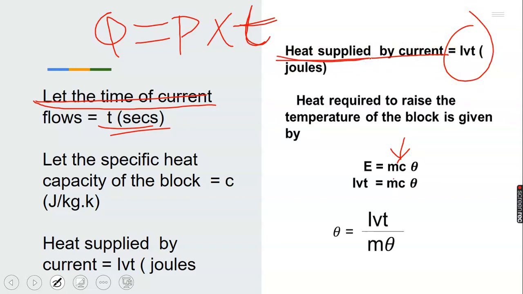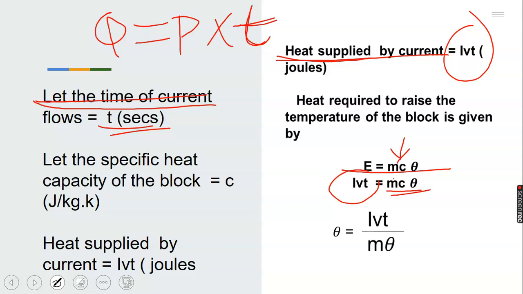Just like when we say E equals mc theta, but because we are using the electrical method, we now replace E with IVT equals mc theta. Before, you can see that we have been using E directly, but because we are using the electrical method, we now replace it with current times voltage times time.